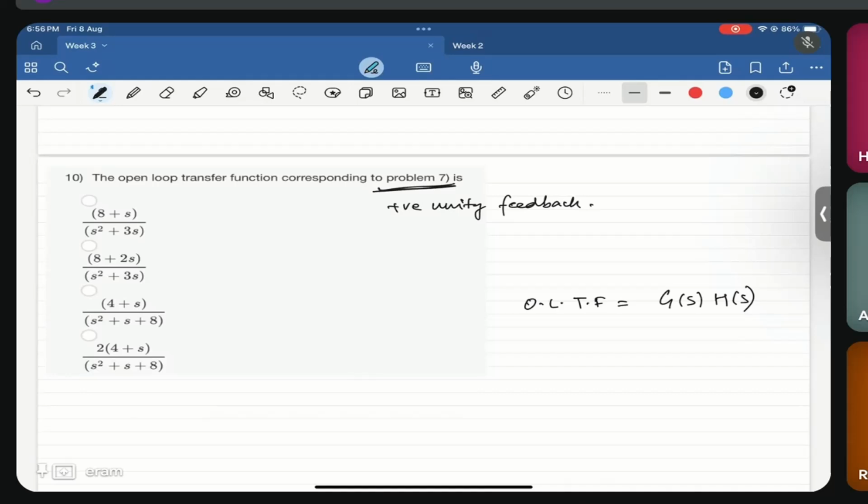We are not providing any feedback. So why should we care whether it is positive or negative? It doesn't matter. So it remains the same. Unless G and H change, it doesn't matter whether it is positive or negative feedback. The open loop transfer function remains the same.